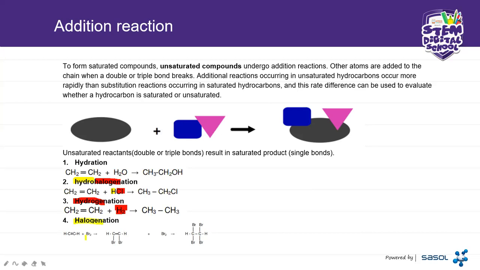So do not confuse hydrohalogenation and halogenation, and do not confuse hydrohalogenation and hydrogenation. So you guys see the difference between the 3 of them. I hope that you do, because this is exactly what you're going to have in your examination, and it's stuff that you're going to have to know off by heart.